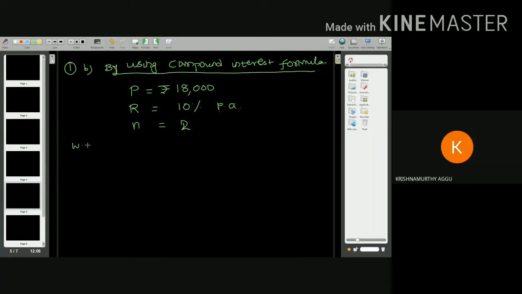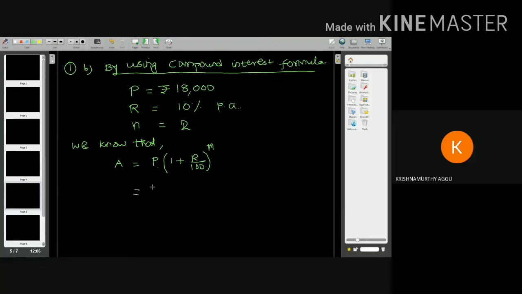We know that as per the compound interest formula, the amount formula will be A is equal to P into (1 plus R by 100) whole to the power of n.